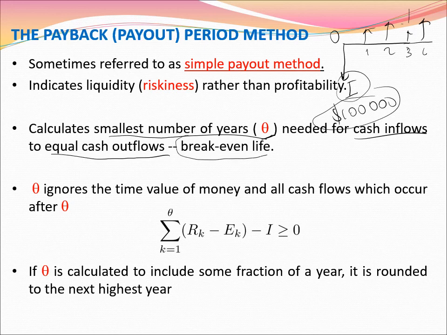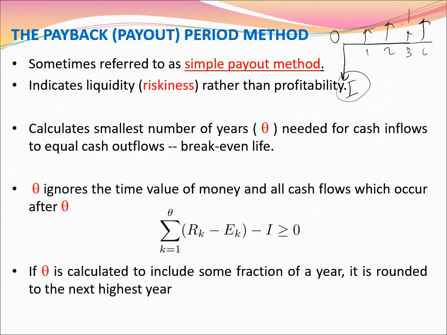It is sometimes called the break-even life. We want these cash inflows to be equal to cash outflows, but here in simple payback period, the time value of money is ignored. Okay, this is a very simple procedure. You don't consider the time value of money.